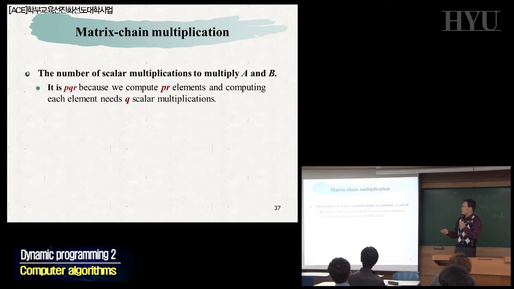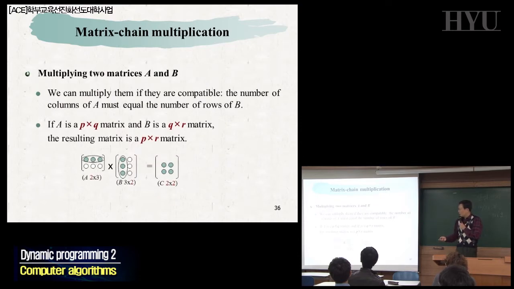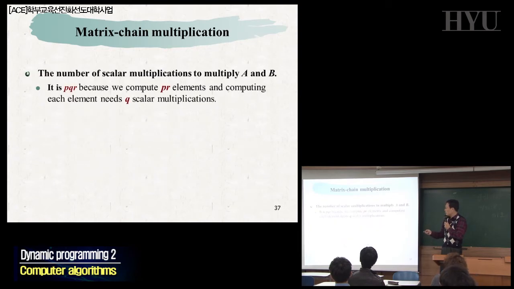Because we have to compute PR elements in the resulting matrix, and to compute an element in the resulting matrix, we need Q multiplications. So the total number of scalar multiplications is PQR.